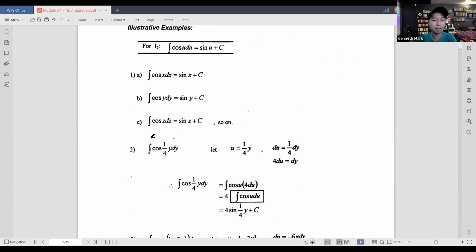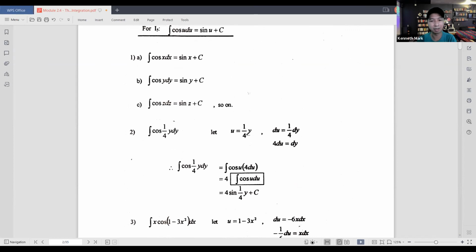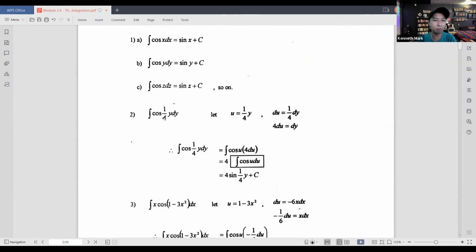So how about if meron tayong constant dito. Can we just let u? Pwede rin. Diba? So pwede rin tayong mag-let dito. So here we let u natin, that is 1/4 y.